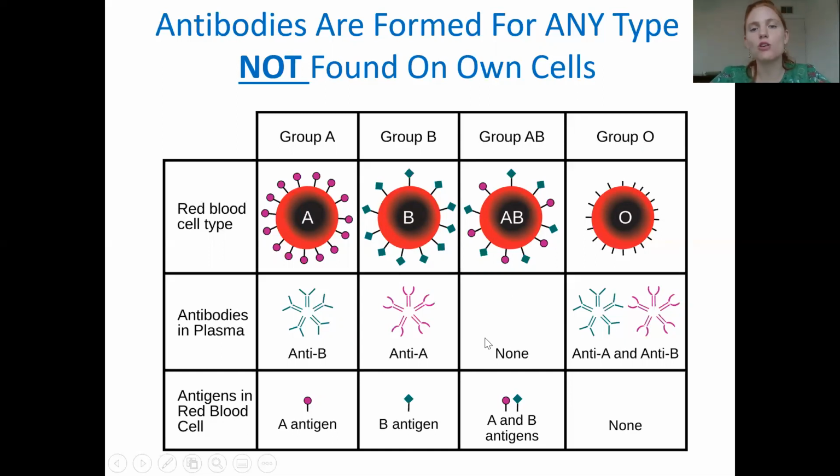So you're not producing any antibodies. Whereas type O means you don't have any antigens. You don't have A, you don't have B. So if you ever encounter cells that do have A or B, your antibodies are going to bind to those antigens and destroy them.